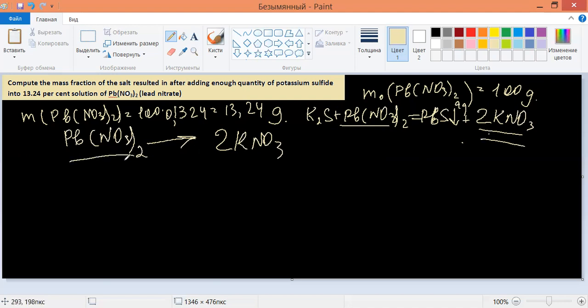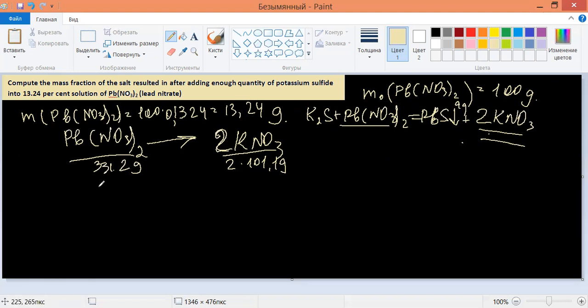The molecular weight of lead nitrate is 331.2 grams per mole, and that is 101.1 grams per mole, right? But we also should take into consideration the presence of the coefficient too.